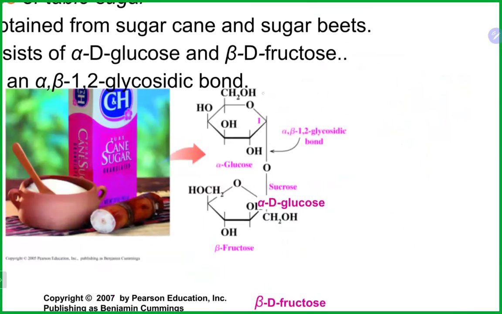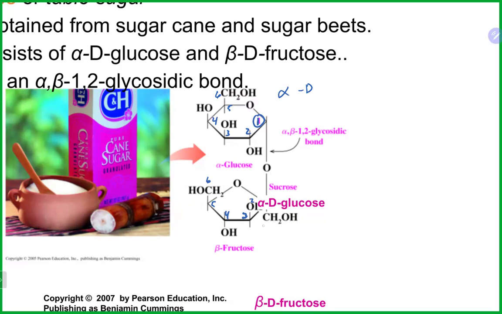We have on our glucose our 6, 5, 4, 3, 2, and 1. And that is alpha D-glucose. And here on our fructose, we have our 6, 5, 4, 3, and 2 there.